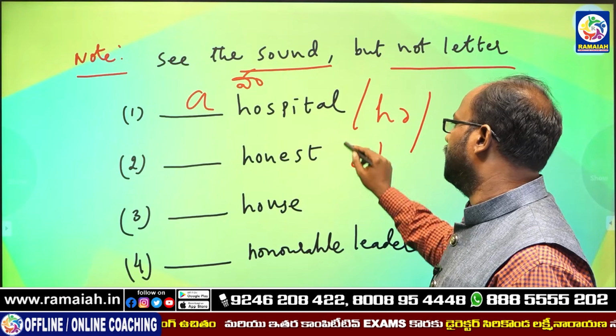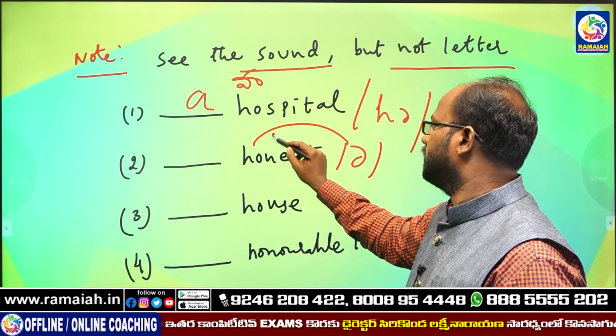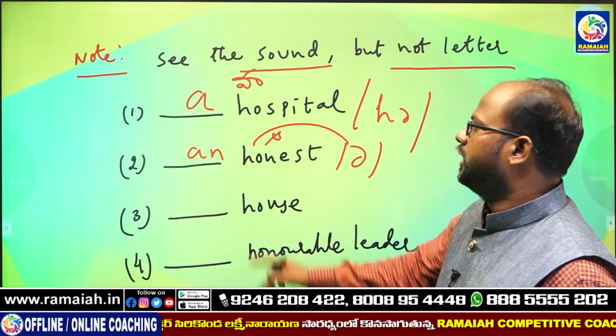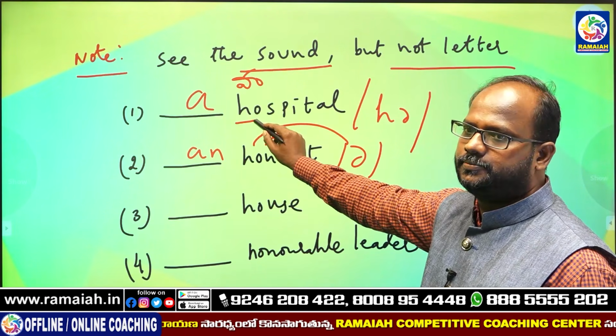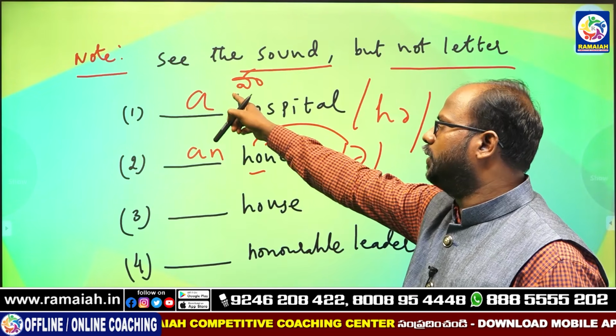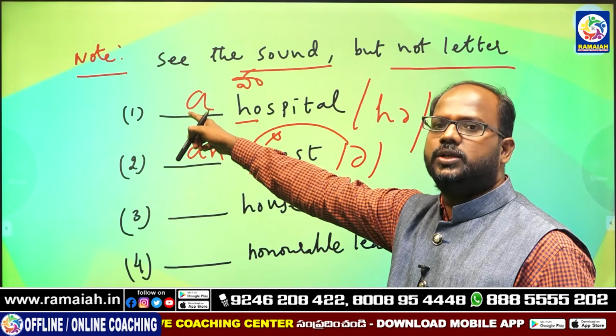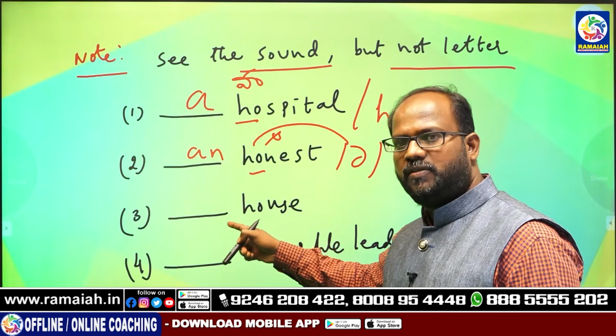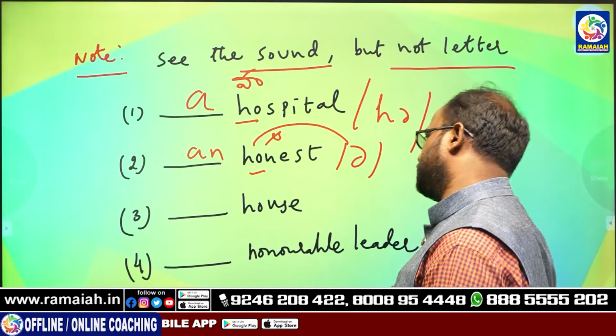It is an honest man. You must have a doubt. Here the letter H, here the letter H only. But here the letter H gives the consonant sound, so A is used. But here the letter H gives the vowel sound, so an is used.